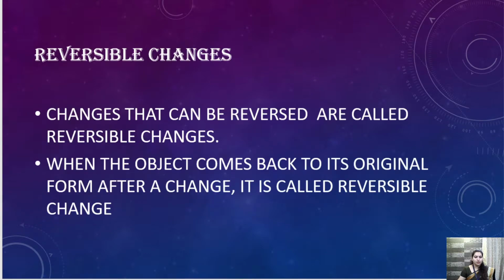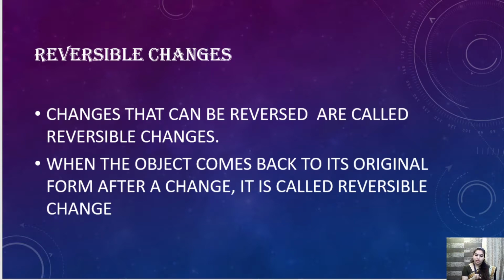Starting with the first, reversible change. So children, as we discussed yesterday, reversible means to reverse; there is a term called reverse. When any substance or object comes back to its position after a certain change, it is called a reversible change.